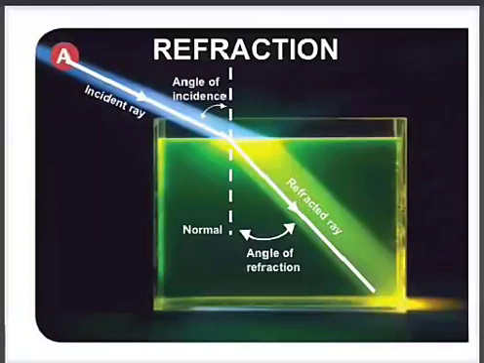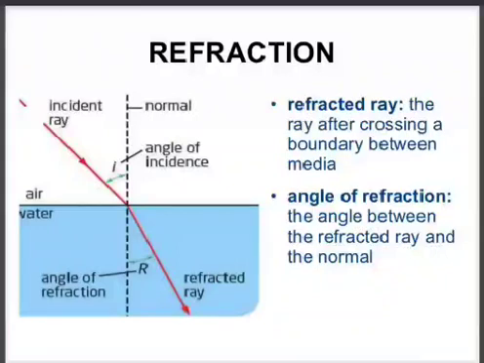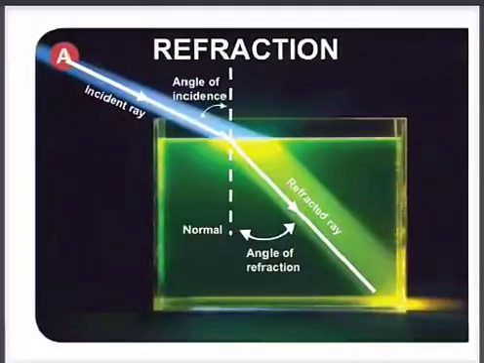A few more examples. This is a live example. You can use a laser for this. You will find it bends. Can you see one thing? Even in this diagram, it was bending towards the normal, right? It is bending towards the normal. Here also it bends towards the normal. So what did we study here? Whenever light enters from air to water or air to glass, it bends towards the normal.